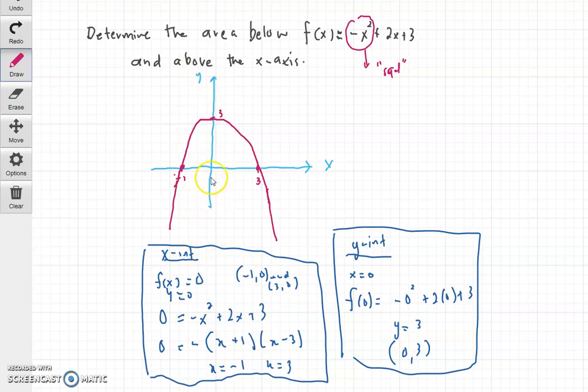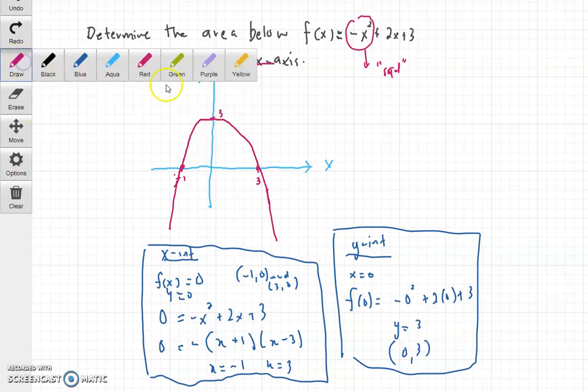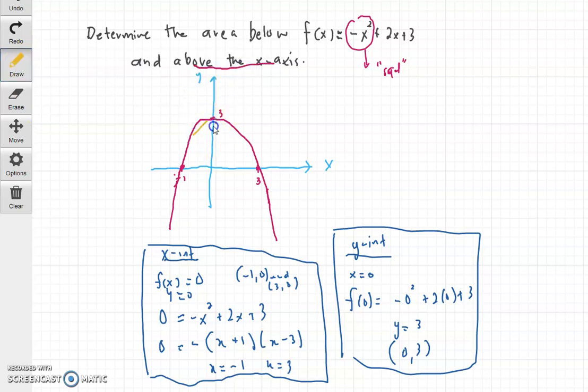But since the question asks you to find the area above the x-axis, you can use another color for it. This is supposed to be the area. You cannot exceed the area into the bottom of the x-axis here, so the limit is up until the x-axis.